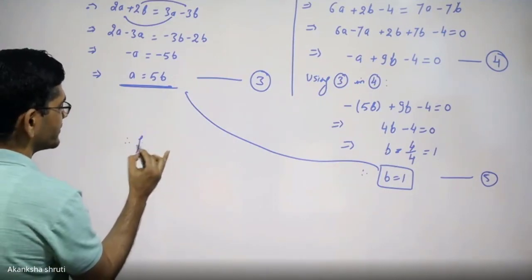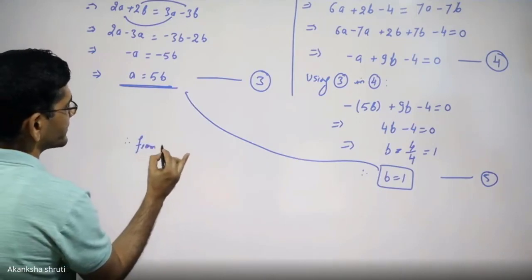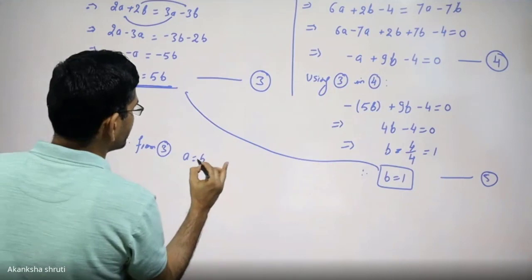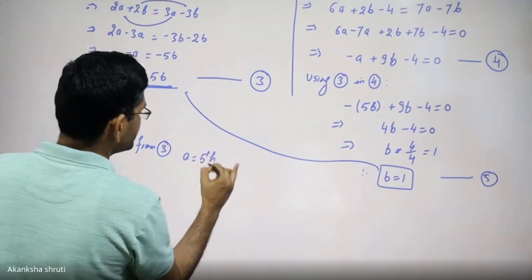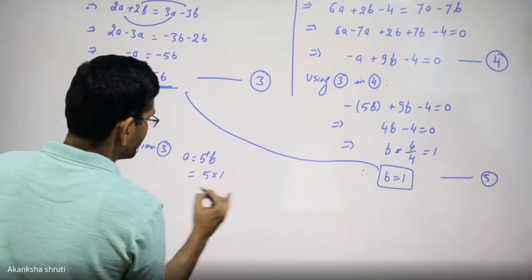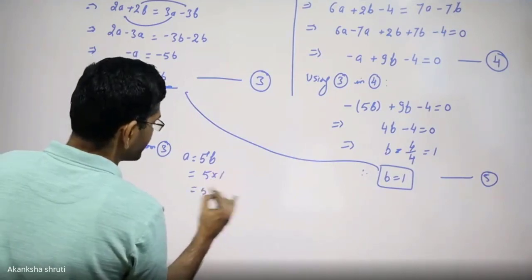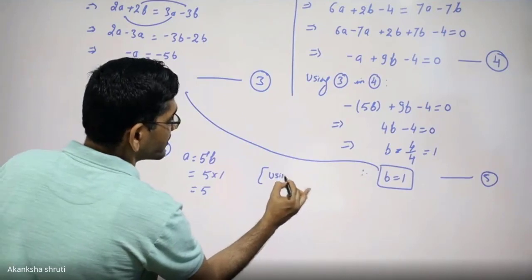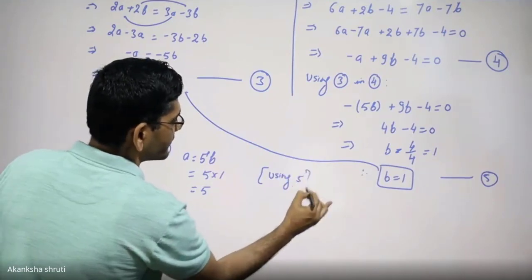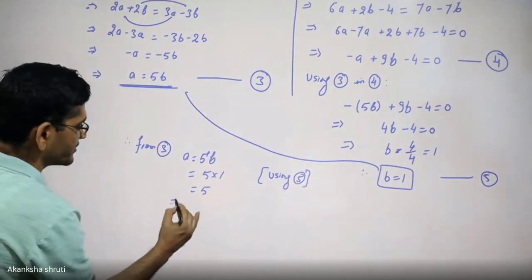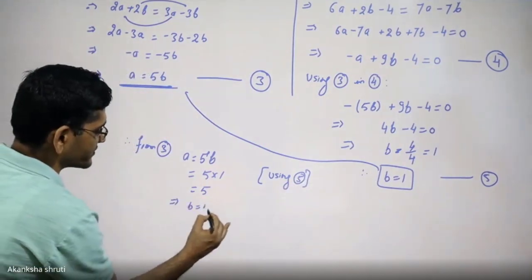Therefore, from 3 we have a is equal to 5b. This is 5 into the b value, which is 1. This is our 5. How? Here I have used equation 5, where I had calculated b first. This implies a is 5.